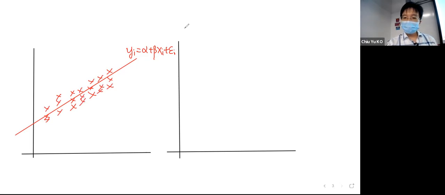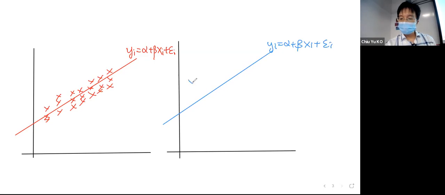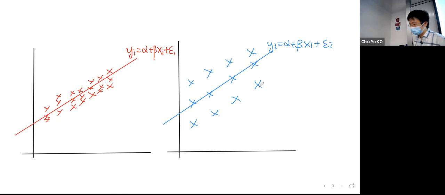In the other scenario, you may get another line, and let's consider the case where this has larger variance. So the data you might get is something like this. This is data generated in the population, but do note that you only sample out of these points. You are never able to get all the points.